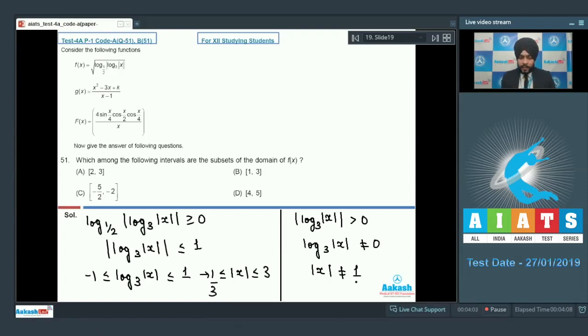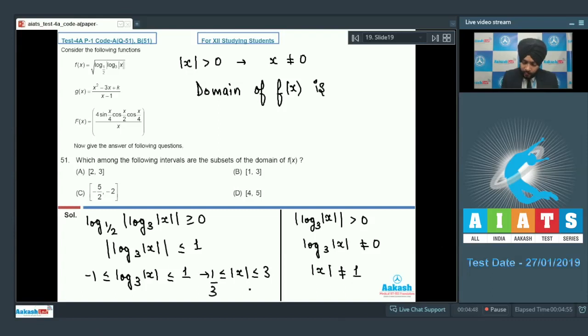Now let us have the third condition also. The third condition is pertaining to the log of base 3. We have mod x strictly greater than 0. That means again x is not equal to 0. So the final domain of f(x) is the intersection of these conditions.